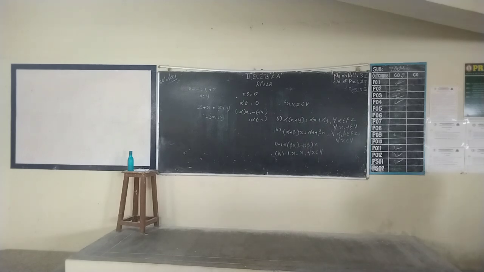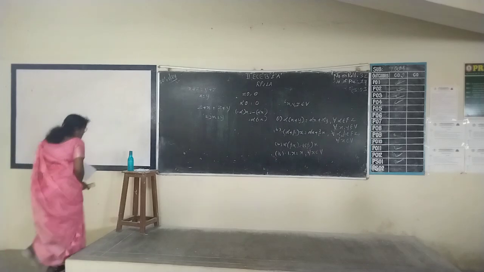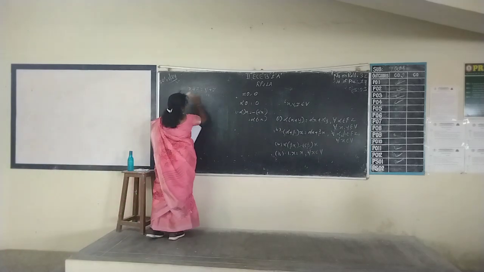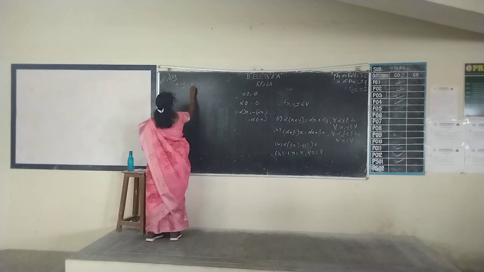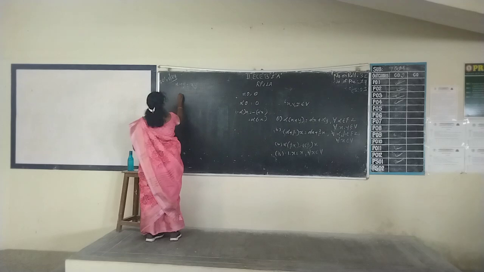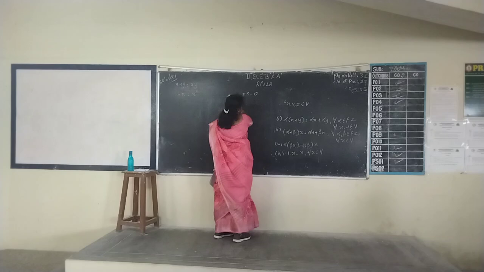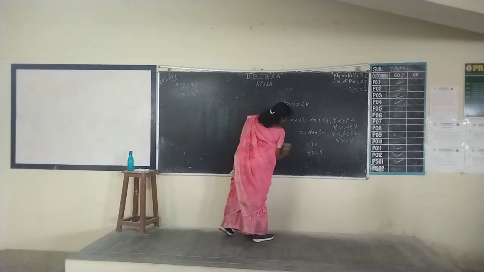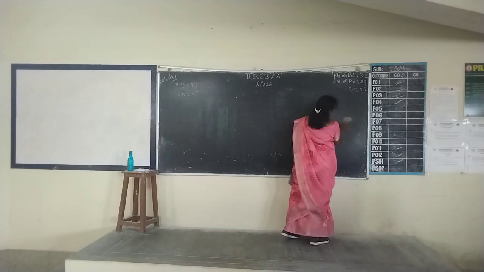Define the vector addition and the scalar multiplication as follows. We define x plus y equal to x into y, and k into x equal to x power k. This is the binary operation we are going to define.